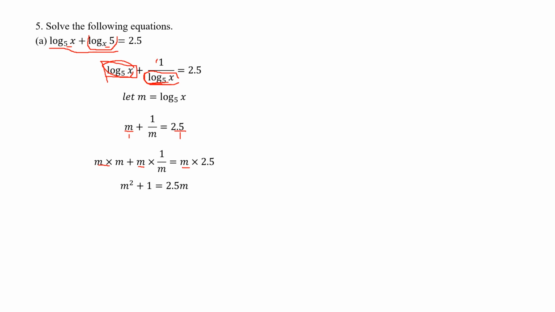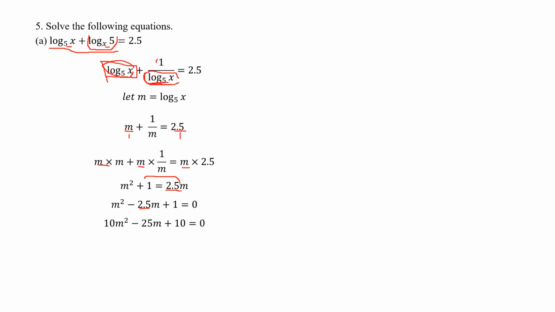Then I bring this one to the other side of the equation, to have m squared minus 2.5m plus 1 is equal to 0. This point here shows that this one is the same as 25 all over 10. So I'm also going to multiply through by the 10 to have 10m squared minus 25m plus 10 is equal to 0.